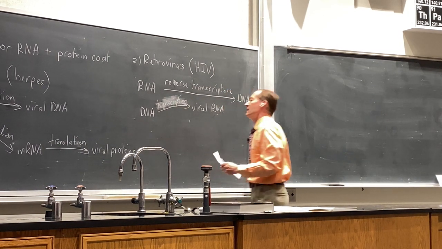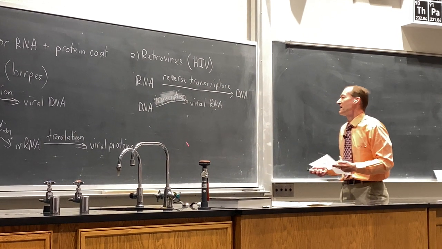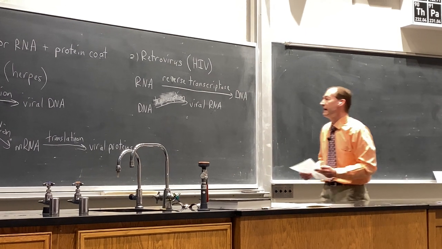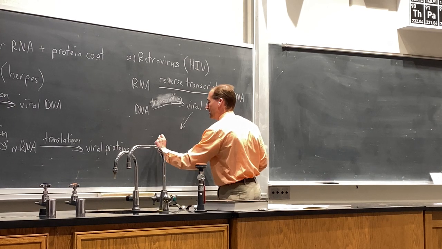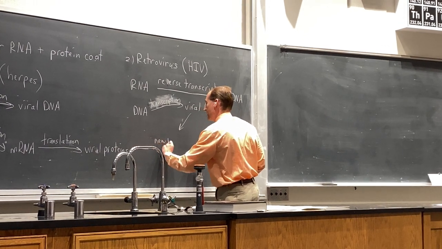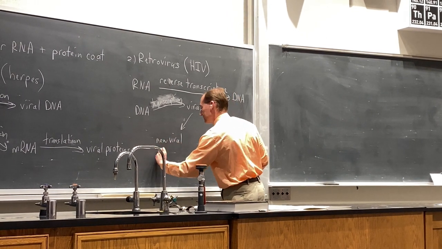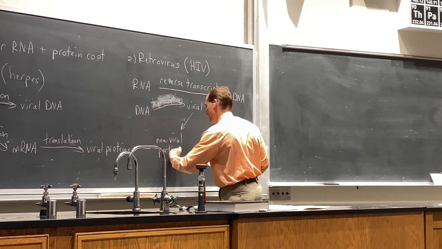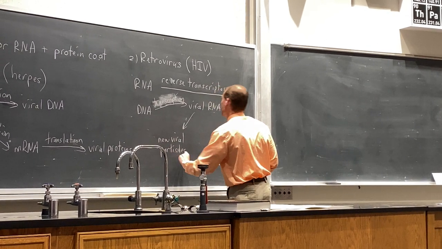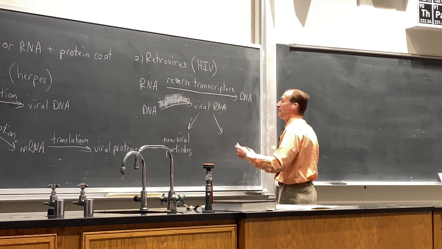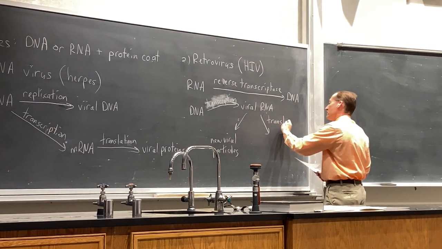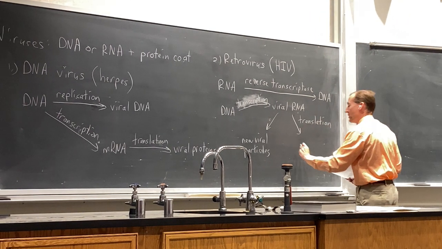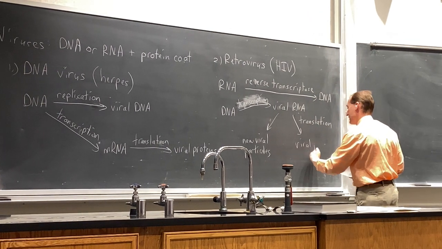The viral DNA undergoes the transcription process to give viral RNA, and then some of that viral RNA is going to be assembled into the new viral particles, whereas other portions of it are going to undergo translation to give the viral proteins. Okay?